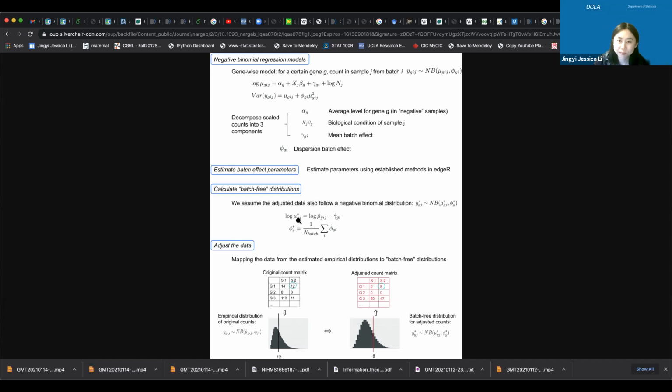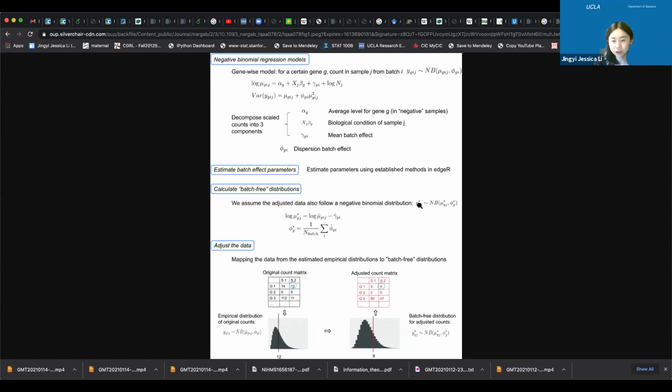You see that now the batch I is gone. It's no longer here because we assume that after the normalization, there's no more batch. There is only sample and the gene. And that's basically it. So that's the idea of doing the normalization. So after you do that, you have the adjustment for every gene in sample J by removing the effect of batch I. And then we would just adjust the count accordingly.